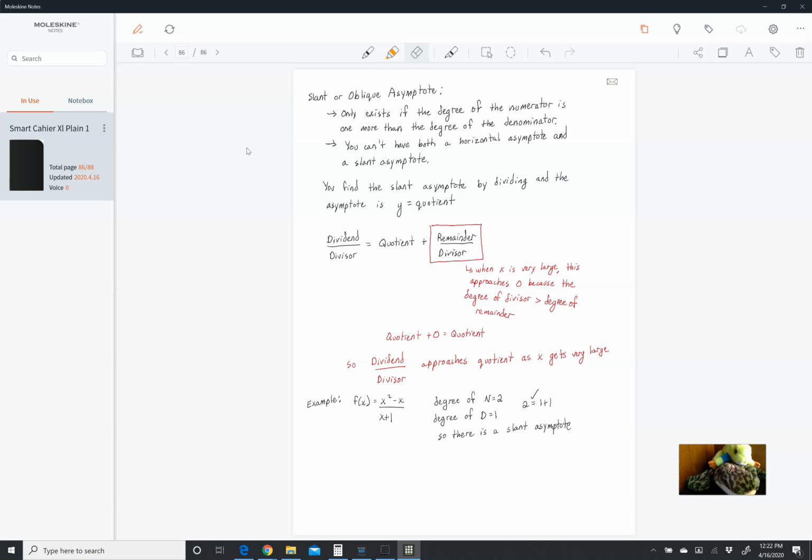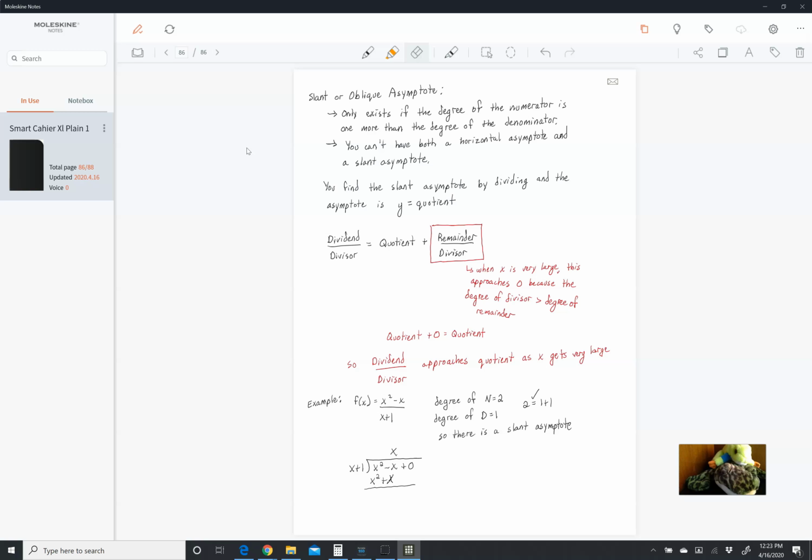So now we're going to divide x plus 1 into x squared minus x. Don't forget the plus 0 at the end. X goes into x squared, x times. We multiply, we get x squared plus x. We're just doing long division.